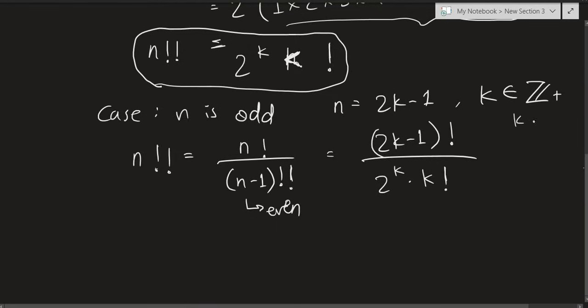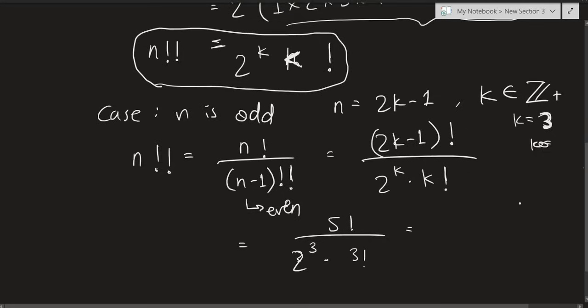So if you have k equals 3, or let's take a smaller number. Say let's work with 3. So this is basically the third odd number factorial. So 2 times 3 is 6 minus 1 is 5 factorial divided by 2 to the third power times 3 factorial.